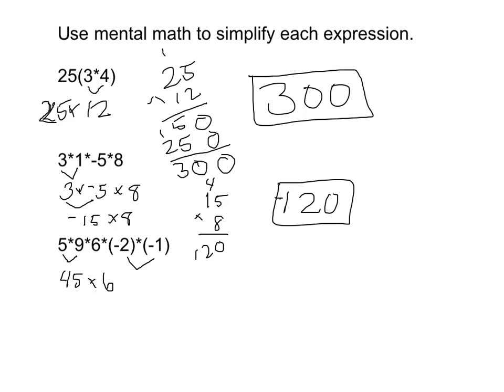They both have the same signs, they're both negatives, so I know my answer is going to be a positive number. 2 times 1 is 2, so I'm going to be left with 45 times 6 times 2. 6 times 2 is 12. Remember, it doesn't matter which one we do first, because they are all multiplying. So I'm left with 45 times 12.